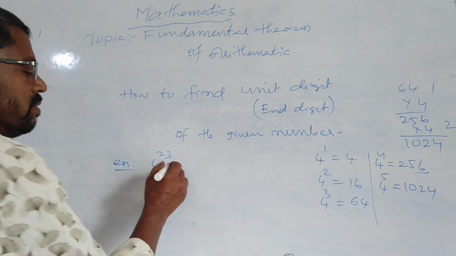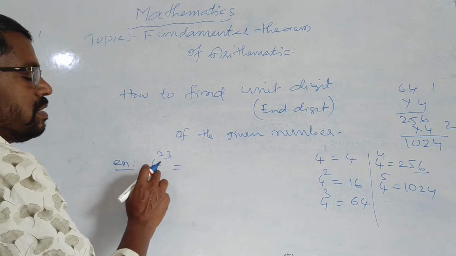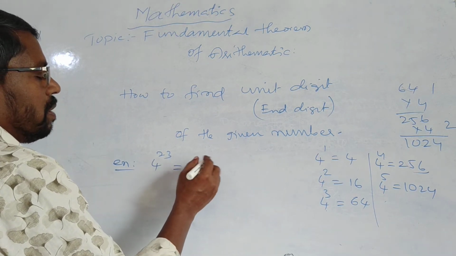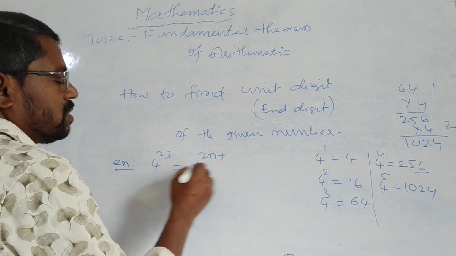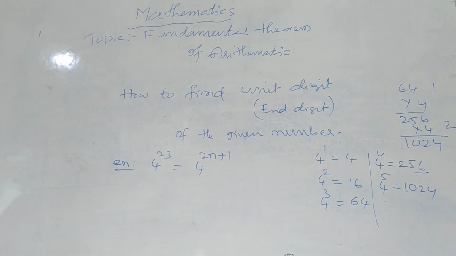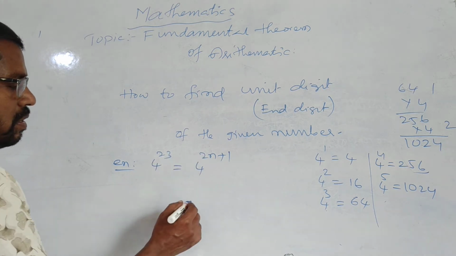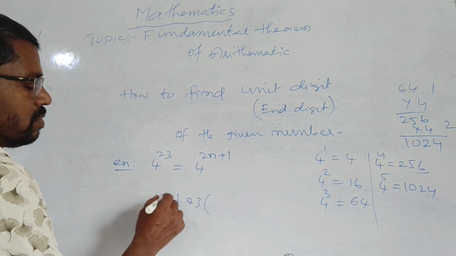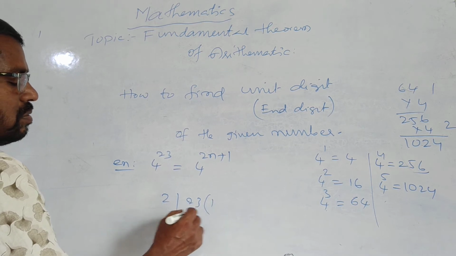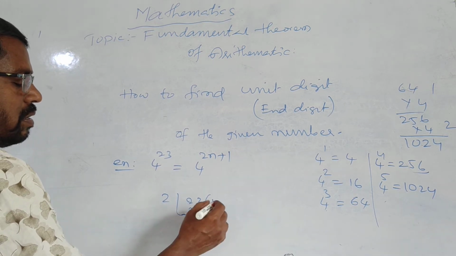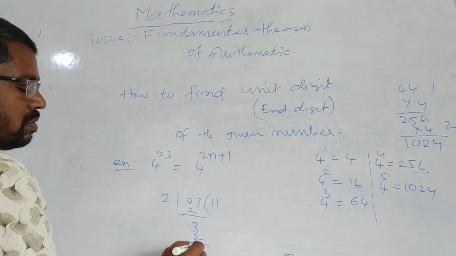So we are going to write this in the form of 2 multiples: 4 power 2n plus 1, this is the form. Because 23 divided by 2, how much are you getting? 2 11s are 22, 1 will be the remainder.